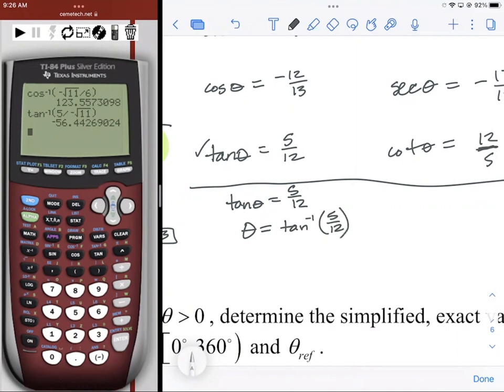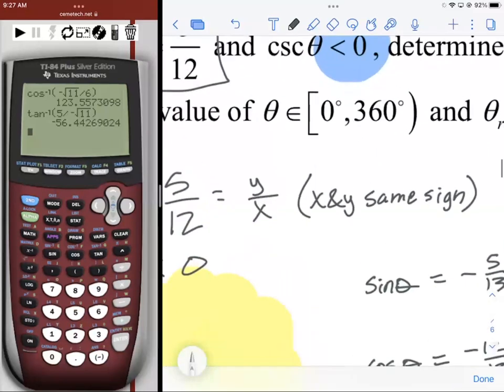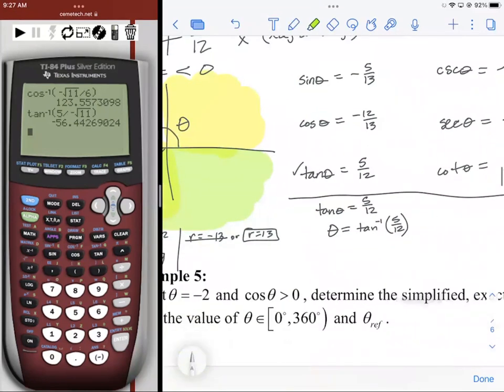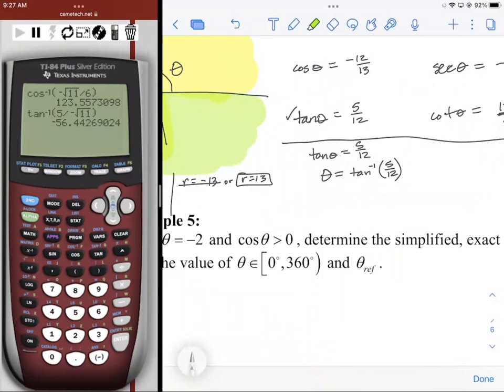Now, before we go to the calculator, let's check to see what we're supposed to be in, degrees or radians. Oh, it says find it between 0 and 360 degrees. So we need to be in degrees. Let me check that again real quickly. Hey, I'm still in degrees. What do you know? That's good. Go back to the home screen. Let's flush.